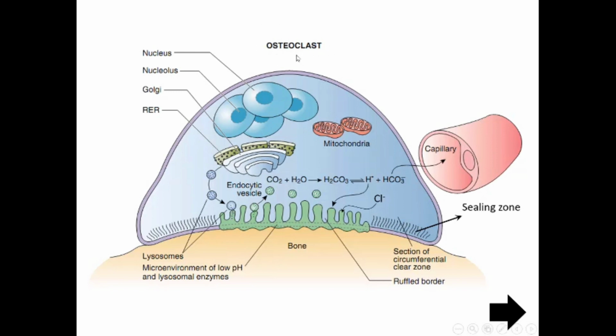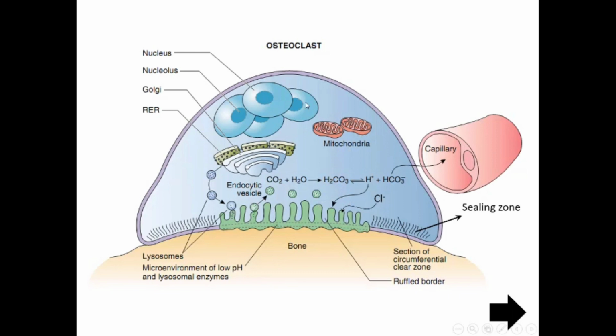And the last cell of the bone is the osteoclast. These cells destroy the bone and manage bone remodeling. They usually remove the old bone, then the old bone is replaced by new bone by the osteoblast cells.